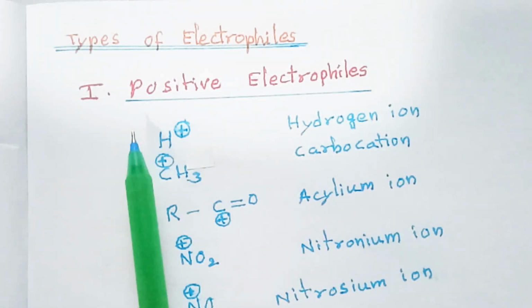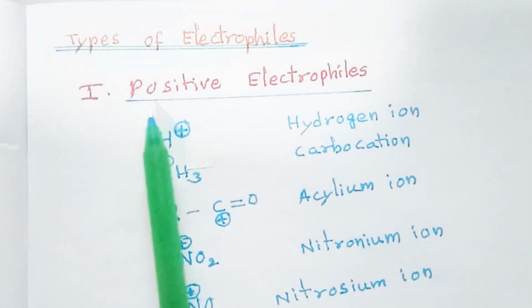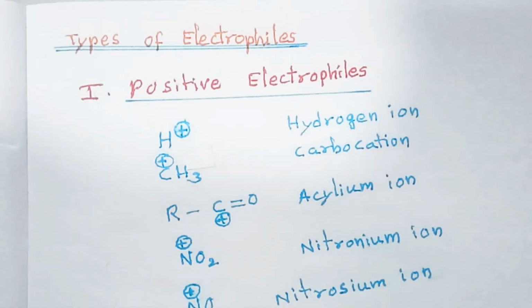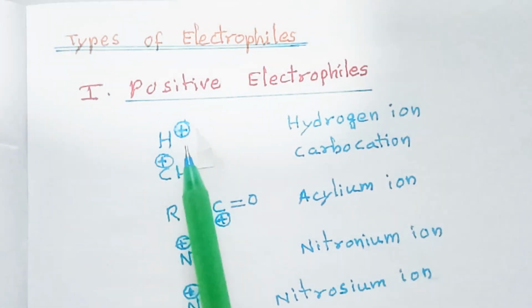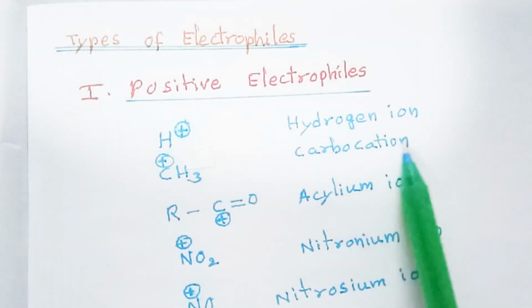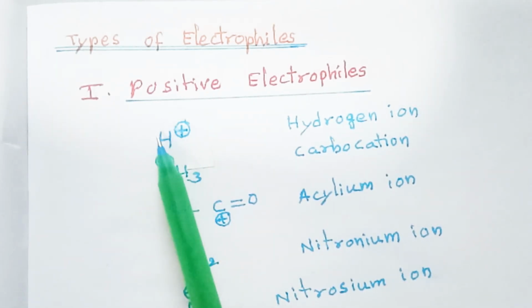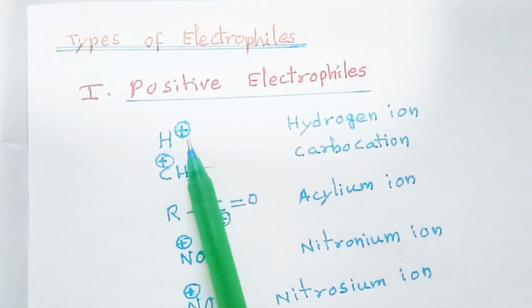Electrophiles are of two types: positive electrophiles and neutral electrophiles. Let's see positive electrophiles. The H+ ion, that is the hydrogen ion, has no electrons in its valence shell. It should have 2 electrons to become stable.